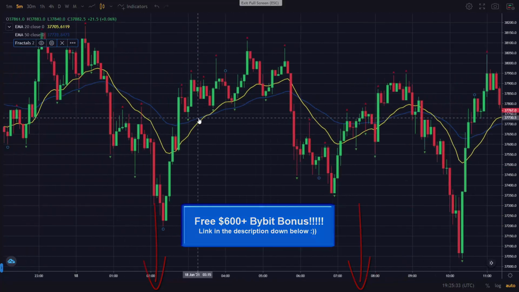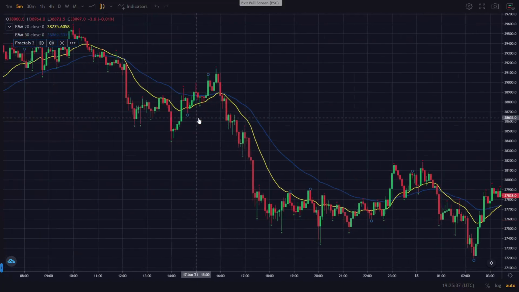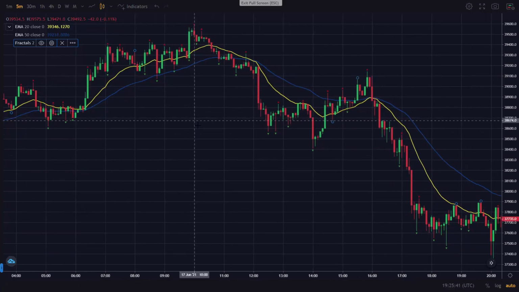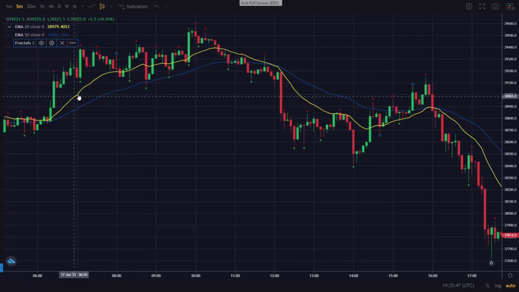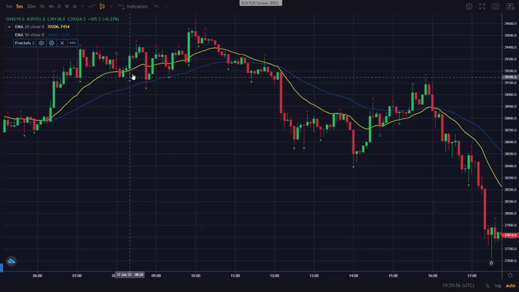So for a long position, what do we want? First, we need a point where we are in an uptrend. So let's take an example of this point right here. First of all, 20 period EMA above 50 period EMA. Good, we are in an uptrend. Now we want this signal to be between the 20 period and 50 period EMA, this signal here.